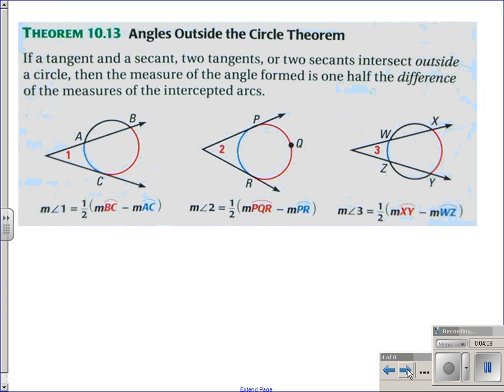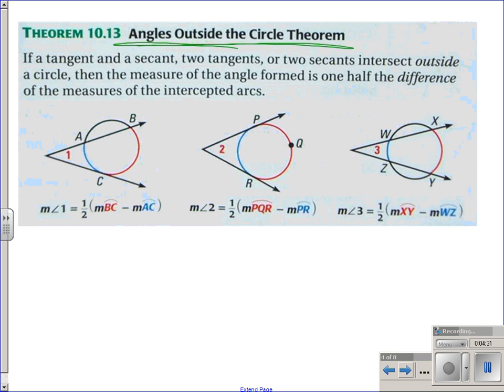All right, the last relationship is when the angles are outside of the circle. With outside the circle, you have a couple different ways, and you have three pictures here. Really, it's just different lines forming them. In the first one, we have a tangent and a secant. In the middle picture, it's two tangents.